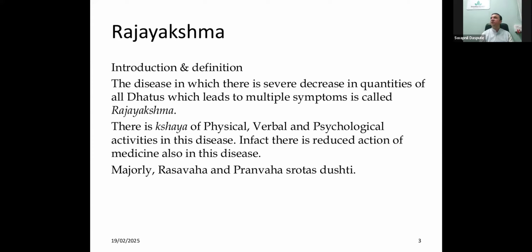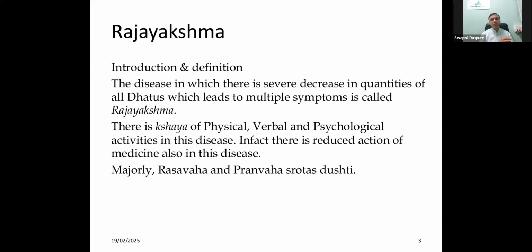You must have studied this verse, Roga Sarvepi Mande Agno. It is the Sanskrit verse, which means that all the diseases which happen, the samprapti of that goes through Agni Mandya.